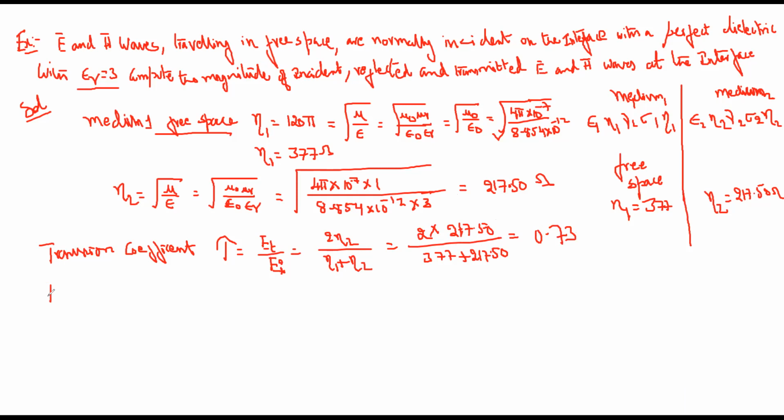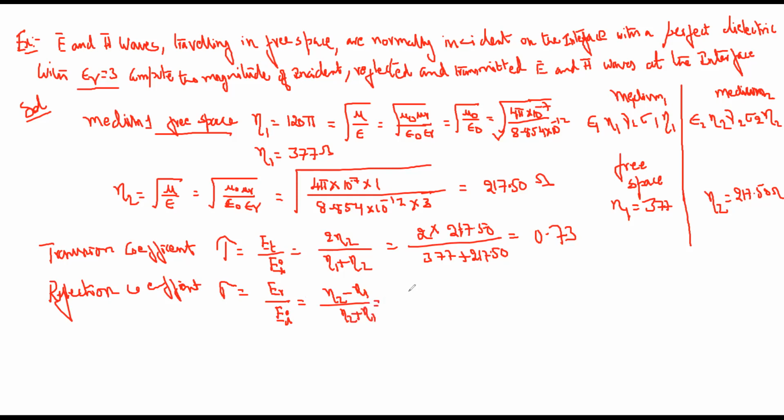Similarly, the reflection coefficient. In the normal incidence, reflection coefficient gamma is equal to ER by EI, and in terms of the intrinsic impedance, eta 2 minus eta 1 by eta 2 plus eta 1.